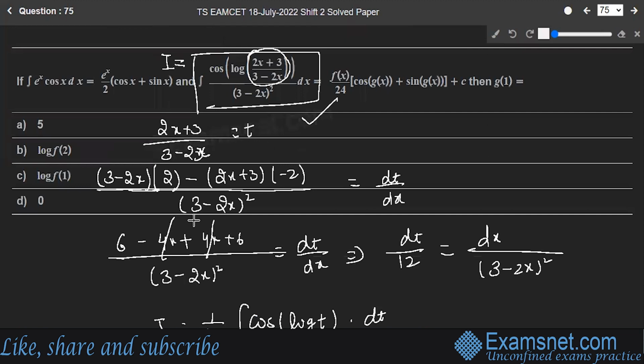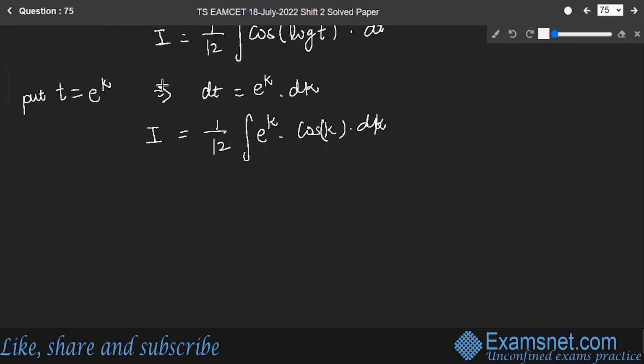So here in the question, it's given that the integral of e raised to power x cos x is equal to e raised to power x by 2 into (cos x plus sin x). So there is no need for solving it further. You can directly say it is 1 by 12 into e raised to power k upon 2 into (cos k plus sin k) plus the constant c.